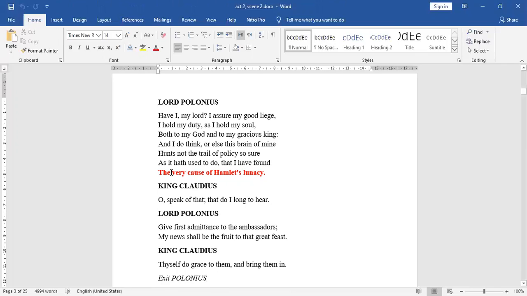From the moment he came inside the court, the first sentence he said was that he had found out the very cause of Hamlet's lunacy, to draw the attention of those in the court, mainly Claudius and Gertrude, to him only and away from all the other attendants. But he postpones again, as is always with Polonius.